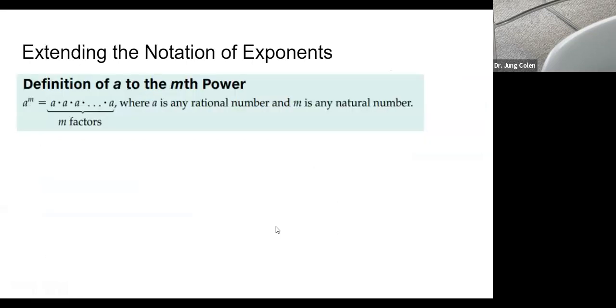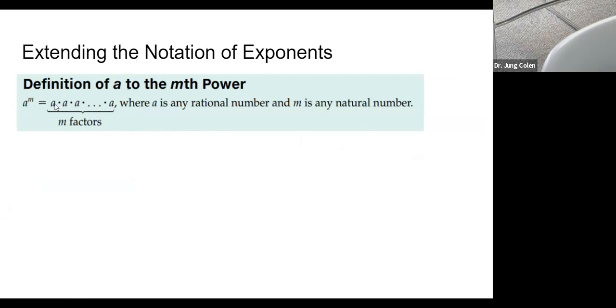Okay, so we got that estimation, and let's think about the notation of exponents. We already know the meaning of exponents, right? For instance, a to the nth power means we are multiplying a how many times? n many times, right? So there are n many a's in this. We can do this to the rational number too.